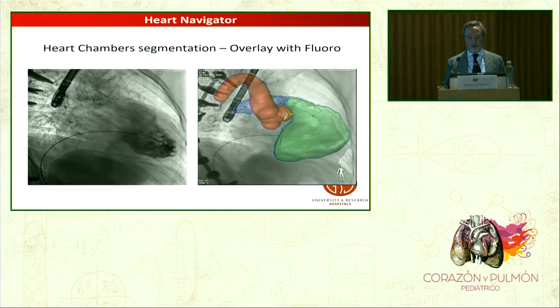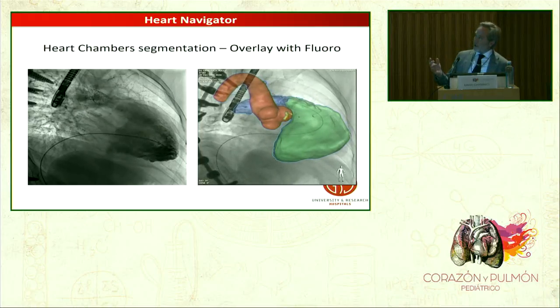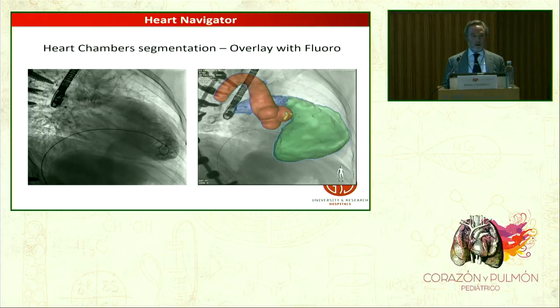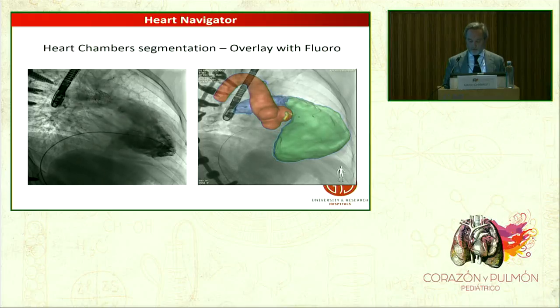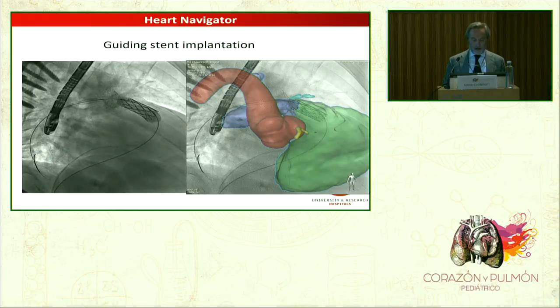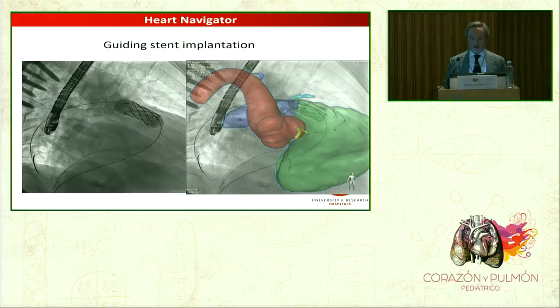You can have the overlay of the aorta, for example, as shown here. You can fuse, you can take it out, you can focus on the chambers you want to see better. And guiding stent implantation is also useful.